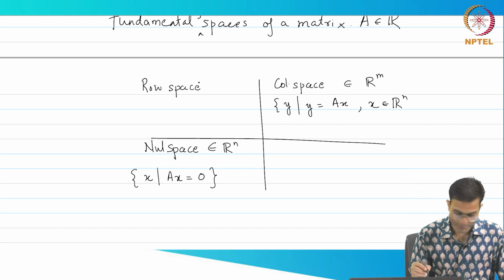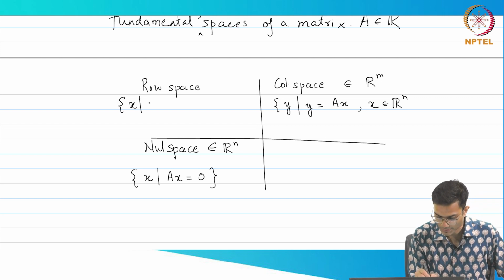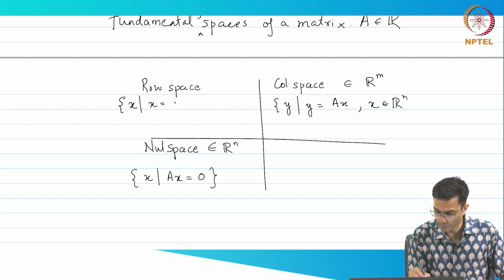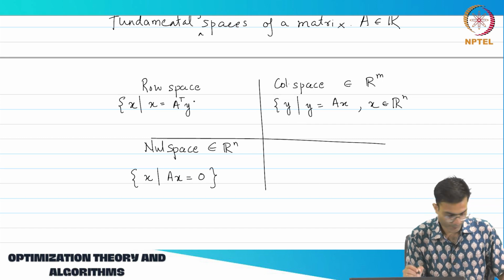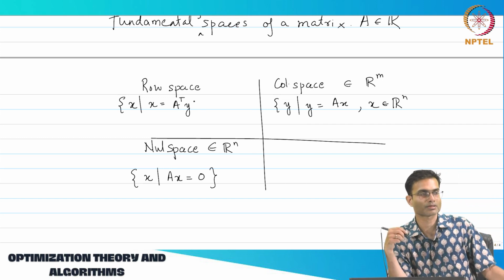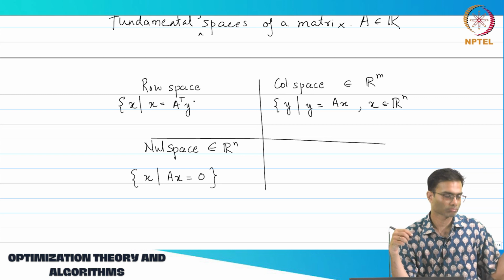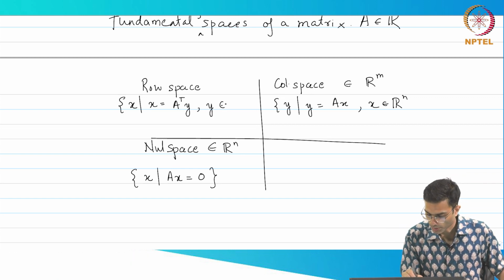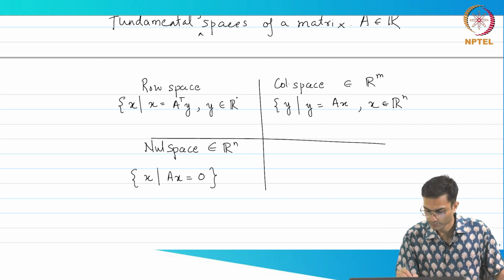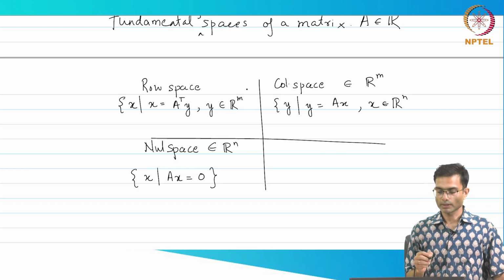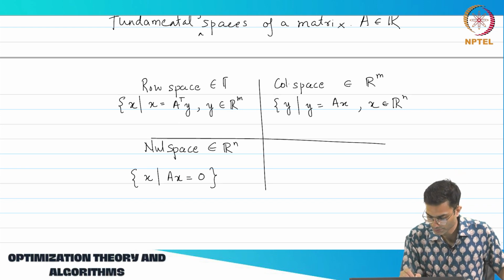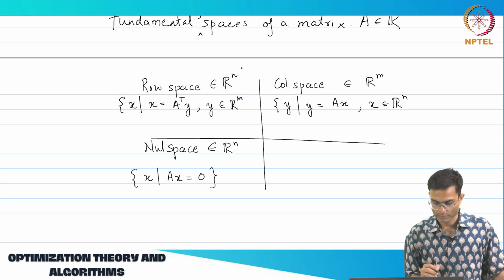So very analogously, I can also define this as x such that x is equal to A transpose y, okay? And is there any restriction on y? No, right? So y belongs to R what? M, okay? And x also obviously lives in Rn.